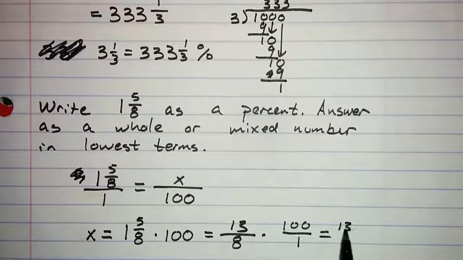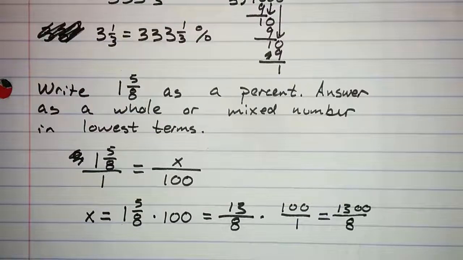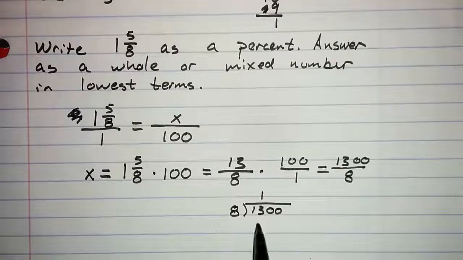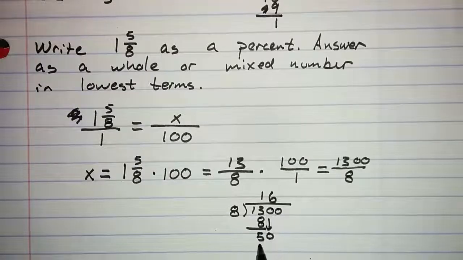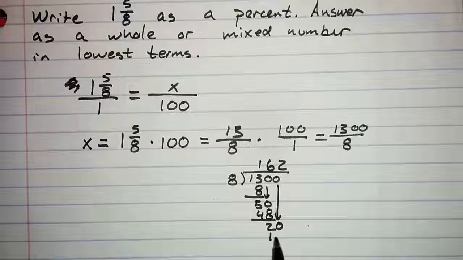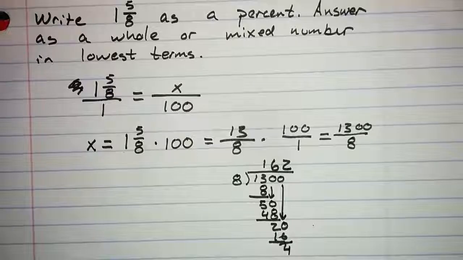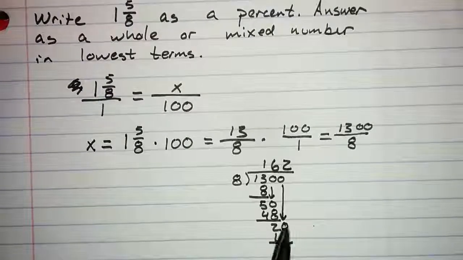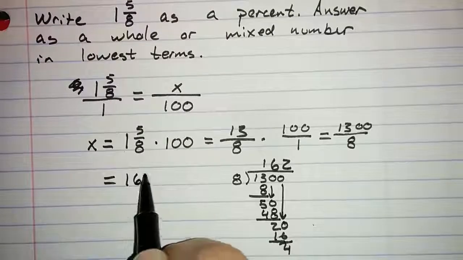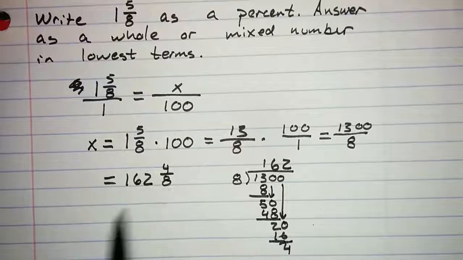So 1,300 out of 8. I want to write this as a mixed number, so I'm going to divide 8 into 1,300. 8 goes into 13 once. 8 goes into 50 6 times. 8 goes into 20 twice. And now I want to give my answer as a mixed number, so I'm going to stop dividing. I'm going to have 162 and 4/8.